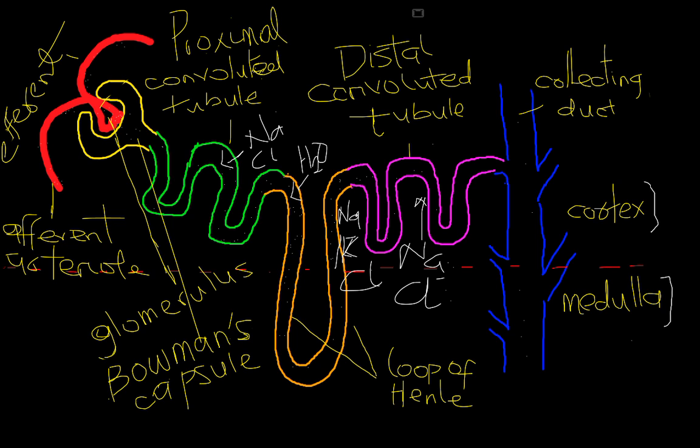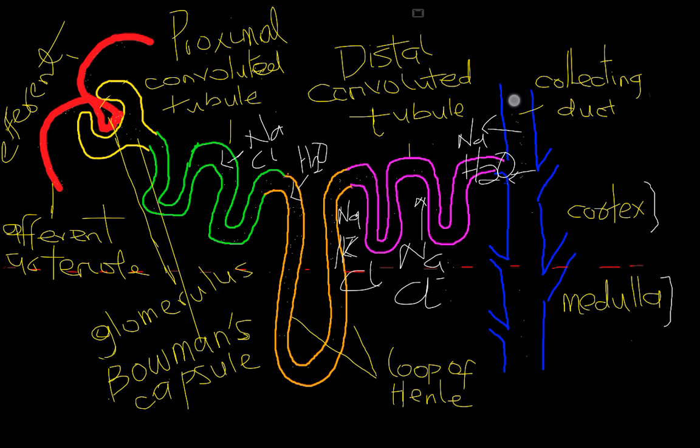Then the filtrate continues to the collecting duct. Within the collecting tubules, there's some reabsorption that goes on. Sodium can be reabsorbed here, and more water too can be reabsorbed from the collecting duct.